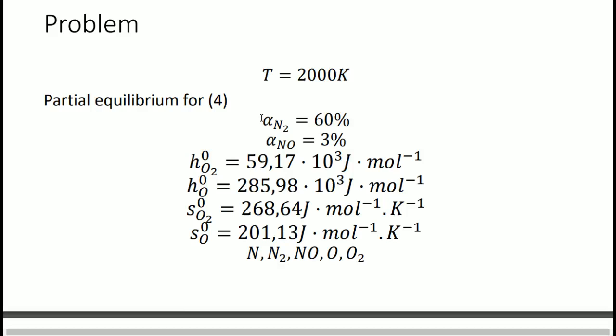And we consider that there is 3% of monoxide at the start of our study. At first we will also consider that we know the standard enthalpy and the standard entropy for O2 and O.